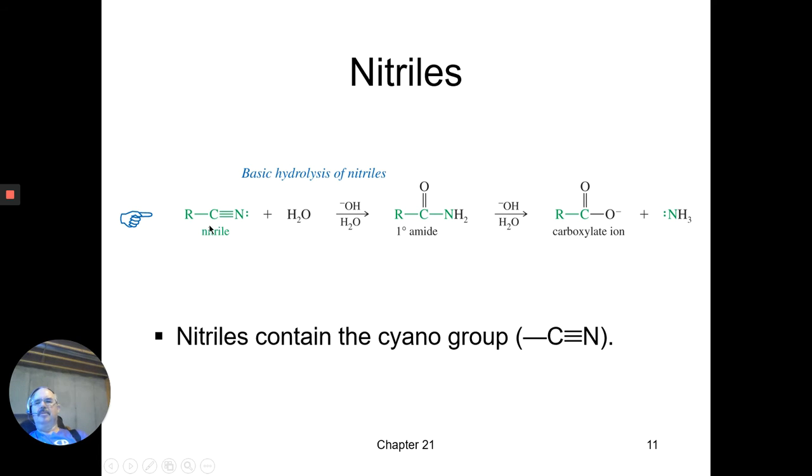If we hydrolyze or split a nitrile, we get a carboxylic acid. Nitriles can be hydrolyzed under basic or acidic conditions. If they're hydrolyzed under basic conditions, you get the conjugate base or carboxylate of a carboxylic acid. Okay, the nitrogen ends up as ammonia.